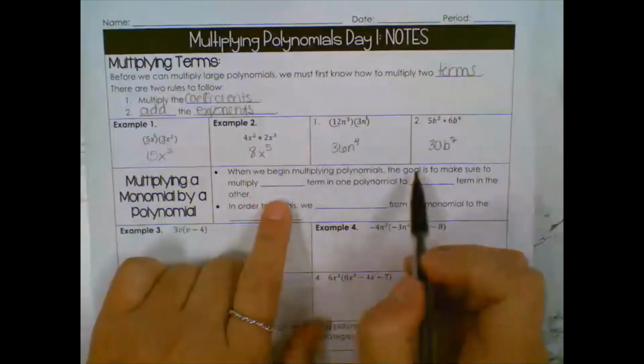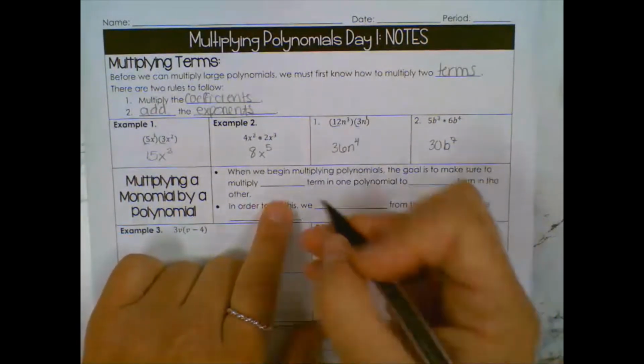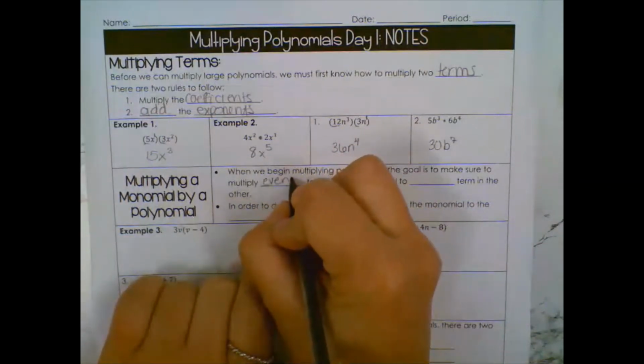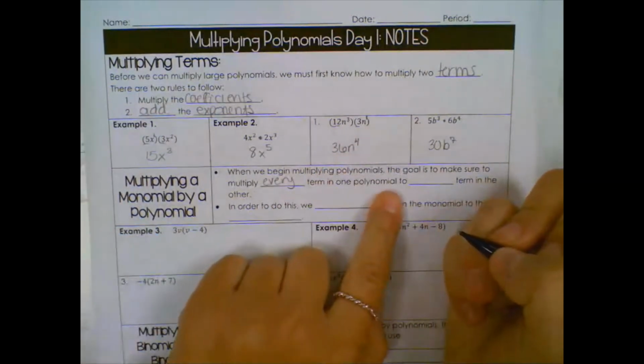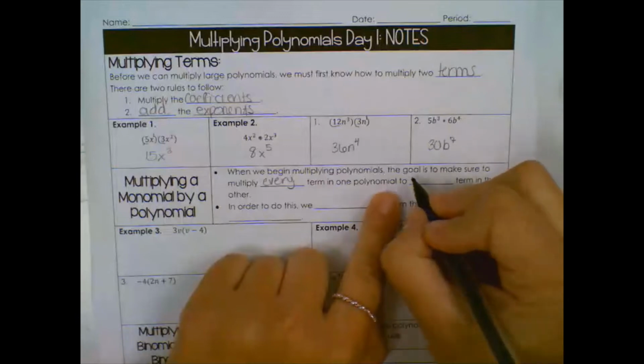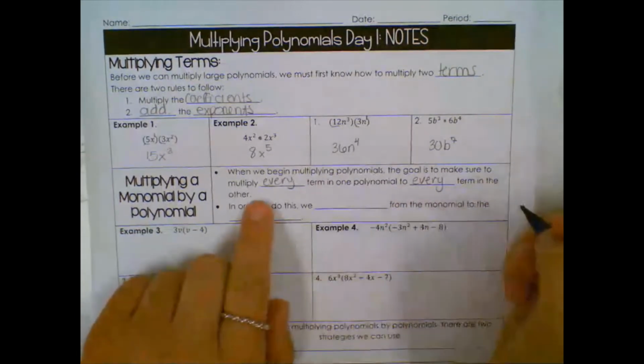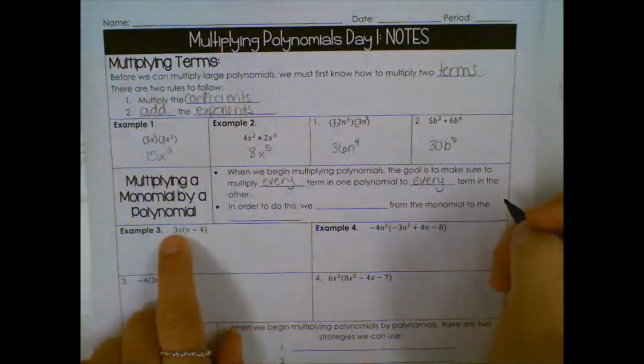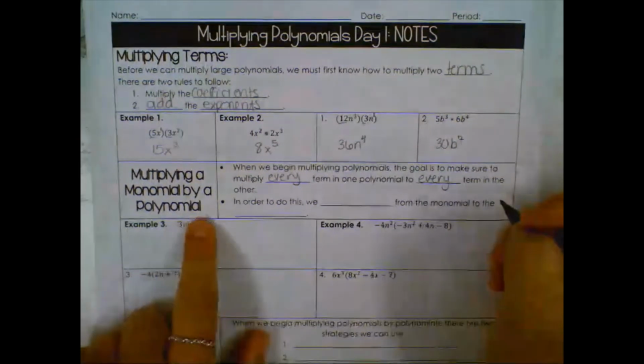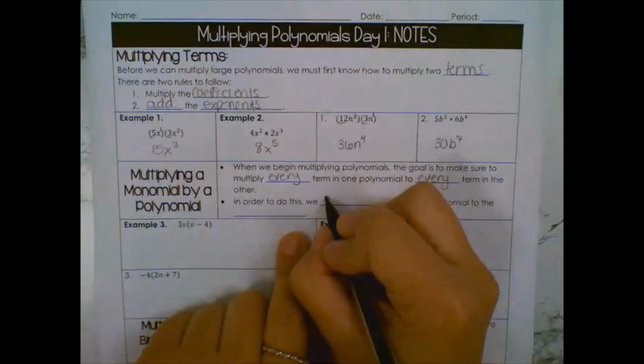When we begin multiplying polynomials, the goal is to make sure that every term in one polynomial is multiplied to every term in the other. So everything gets multiplied. Since we have this one polynomial and we need to multiply it to everything, that is just going to look like distribution.